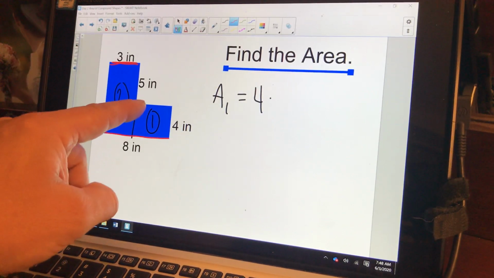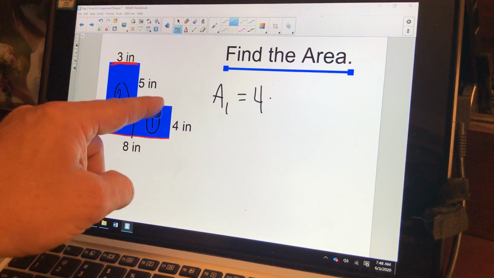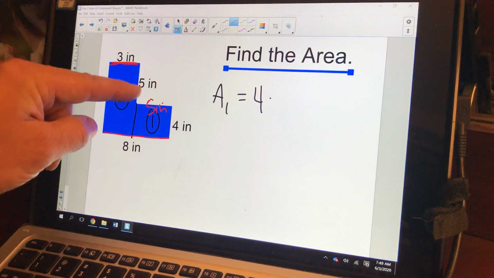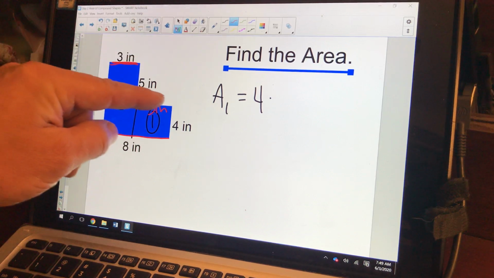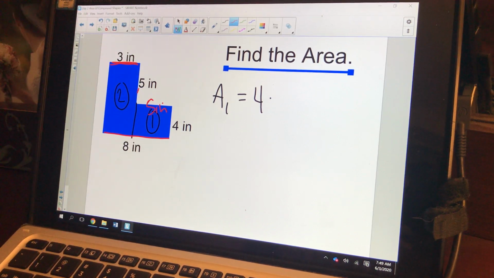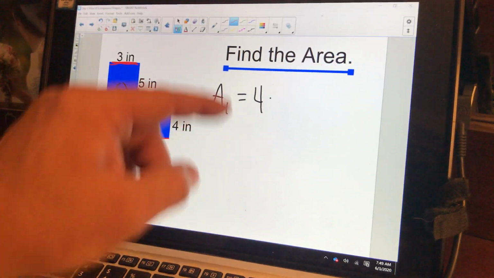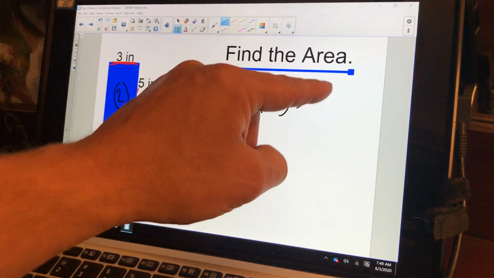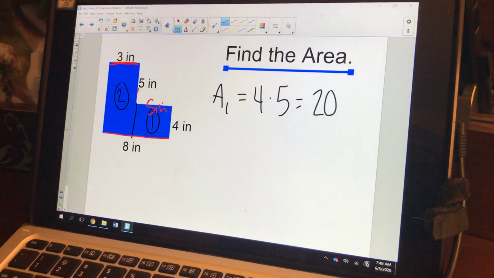Well, that's got to be a 5. Now I can't just assume that the 5 that was written here in black is for this part, although it does end up that they're both the same. I can't assume. I actually have to calculate that. So it's a 4 by 5, which is 20.